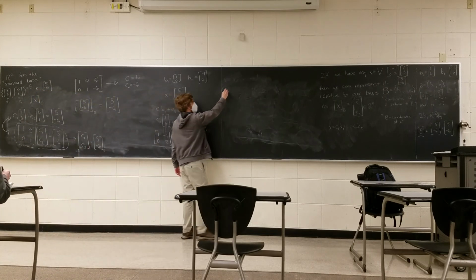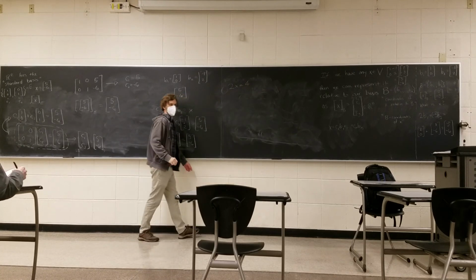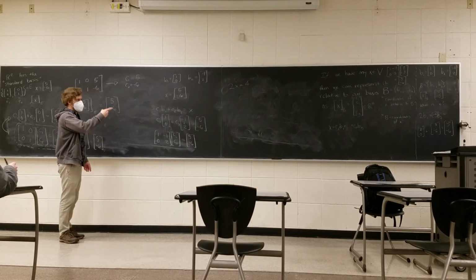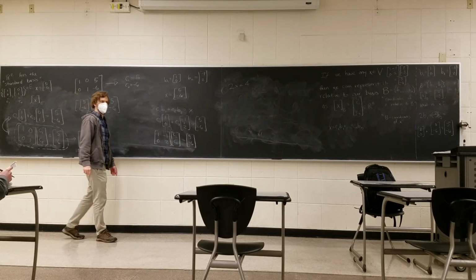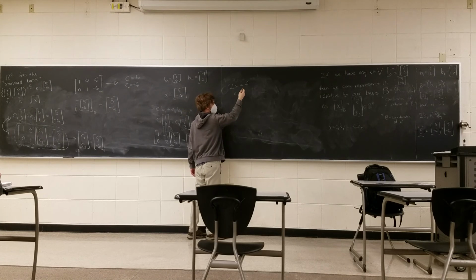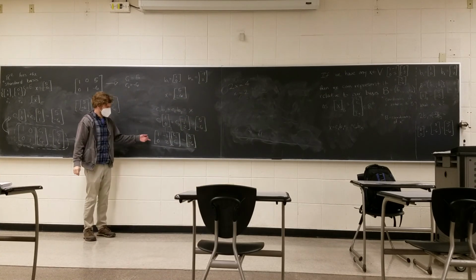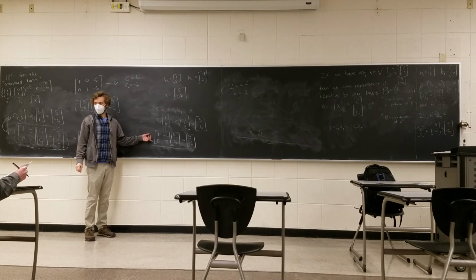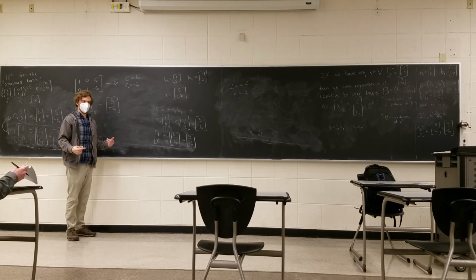When you first saw 2x equals 4, you divide both sides by 2 and you get x equals 2. The equivalent thing to do in a matrix vector equation, well, we can't divide by a matrix, but we can multiply both sides by its inverse, right?